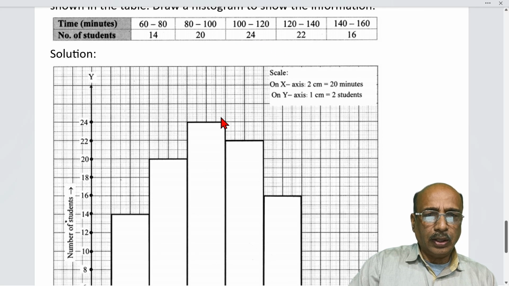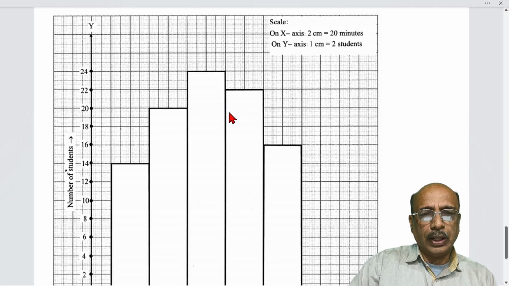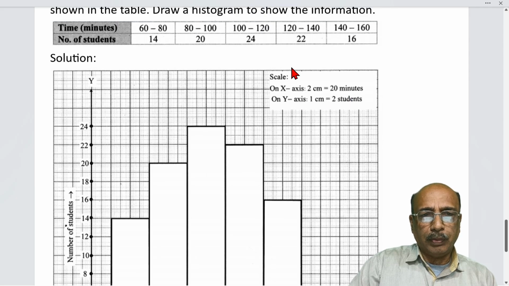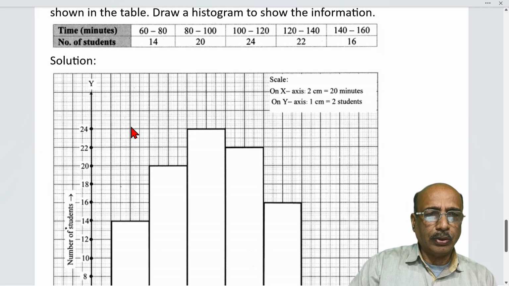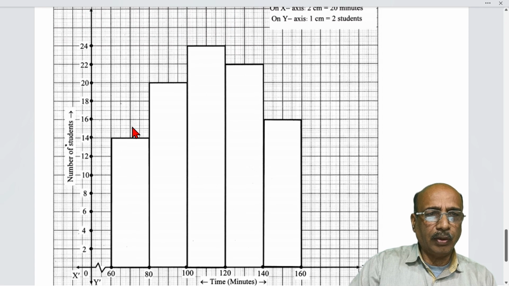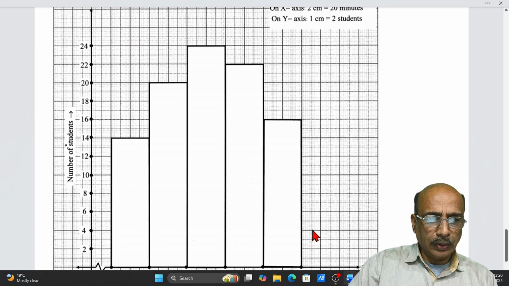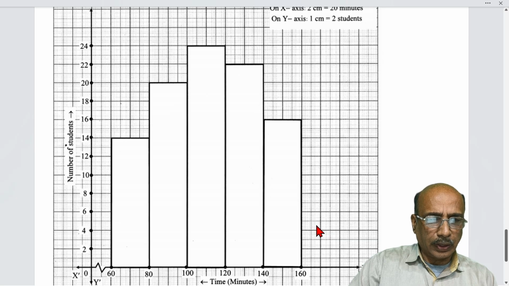Here again we have to draw the scale. On the x-axis, 2 centimeter equals 20 minutes. Why 20 minutes? Because the class is 60 to 80. And on the y-axis, 1 centimeter equals 2 students, a multiple of 2. Time is taken on the x-axis, and again the crick mark is placed here.